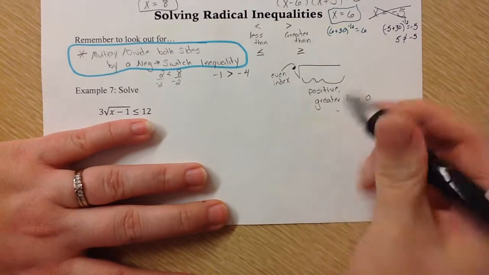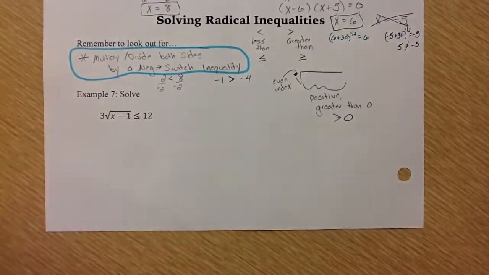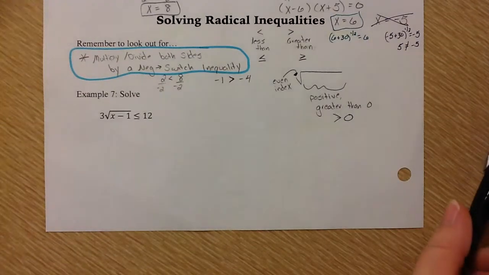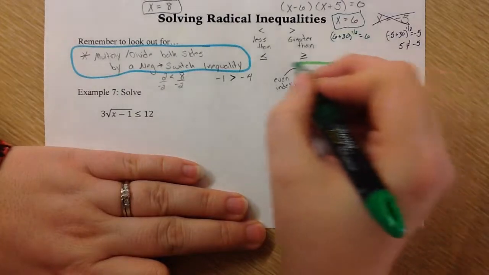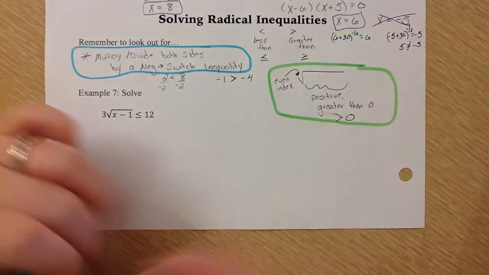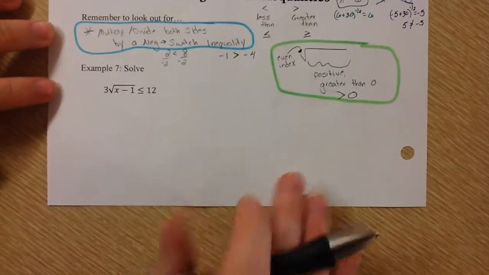We'd write it this way, greater than 0. So we have to keep that in consideration too. And I'll show you what I mean by that. We always have to be looking at that even index and that radicand, making sure whatever's in there is positive. Okay, so for example, here, example 7.